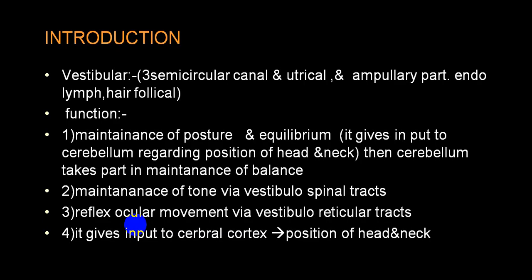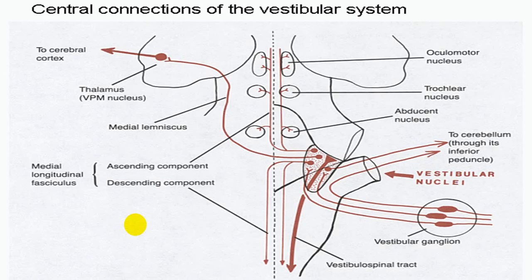So now we go to what we call the vestibular division. From the vestibular ganglia, the fibers will go to the vestibular nucleus. From there, some of the fibers will be connected to the medial longitudinal fasciculus and connect to the third, fourth and sixth cranial nerves, and that will be responsible for nystagmus. Some fibers connect to the cerebellum, which helps in maintenance of balance and equilibrium.